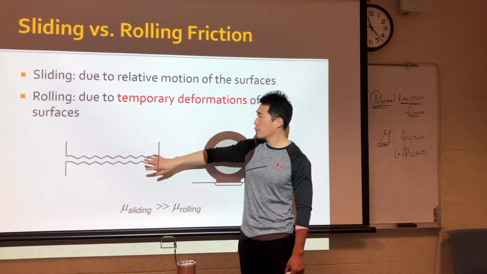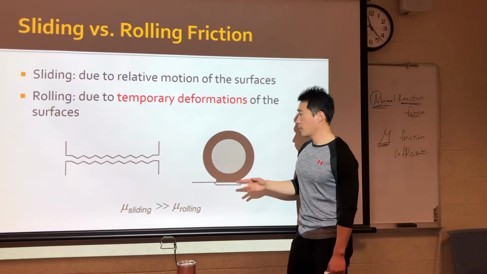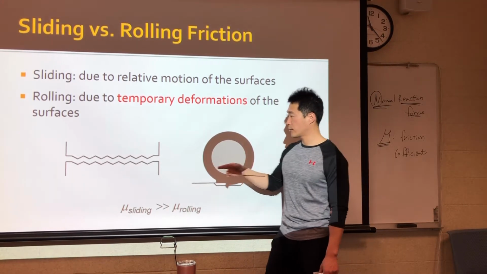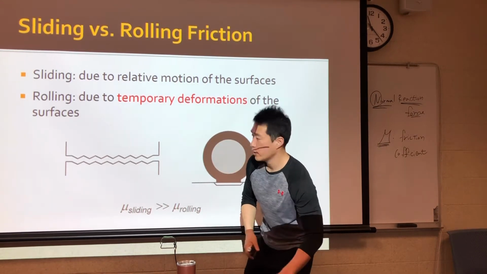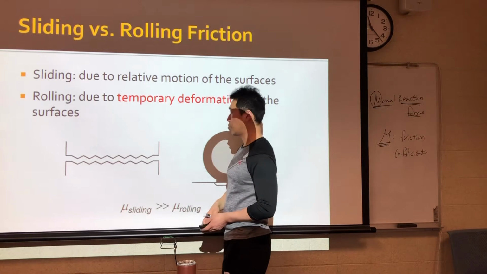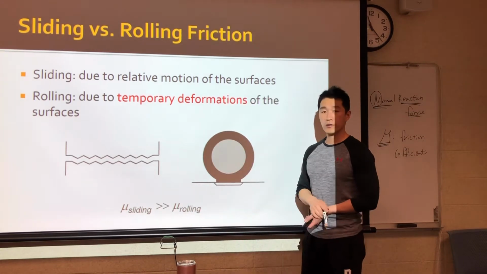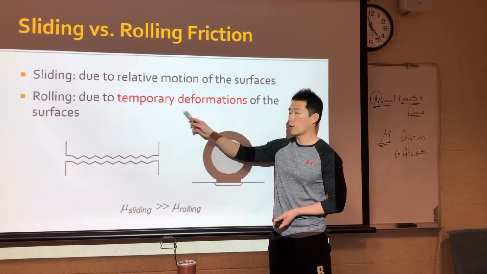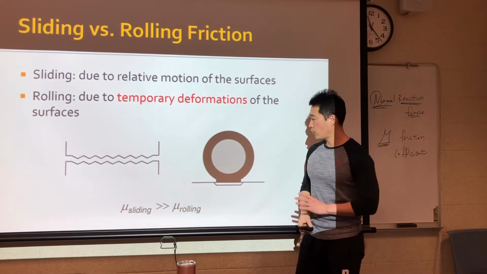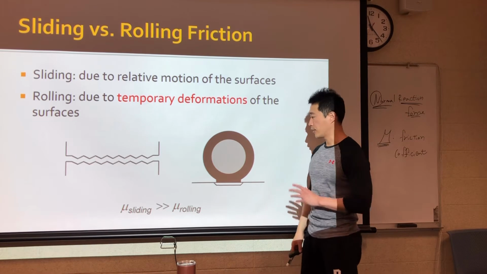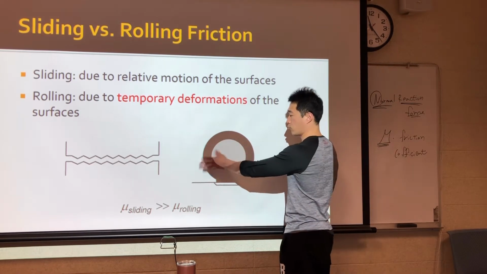Sliding friction, as I mentioned earlier, is due to relative motion, something like this. And then rolling friction is due to temporary deformation. That's why this one can be an example of rolling friction. Let's assume that we have a tire here, and it is rolling this way.